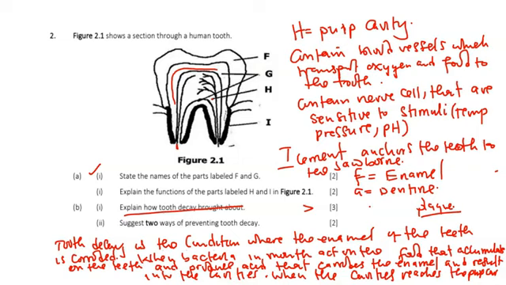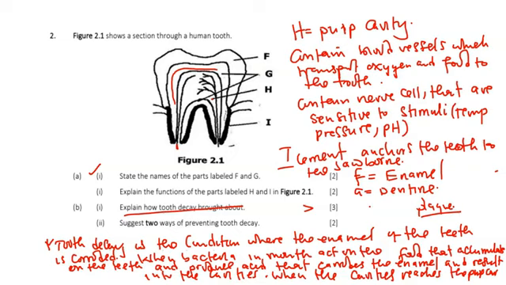The acid starts eroding the enamel, forming what we call cavities. When the cavities reach the pulp cavity, since the pulp cavity has sensitive nerves, it starts aching, and that is how tooth decay is brought about. So not necessarily defining this first part, but just going on to explain how it is brought about. And I hope you've gotten this.